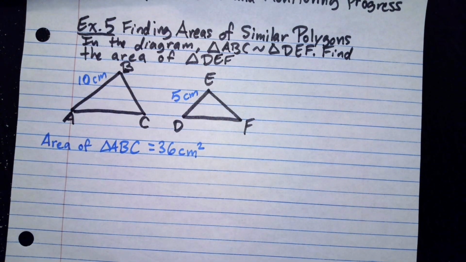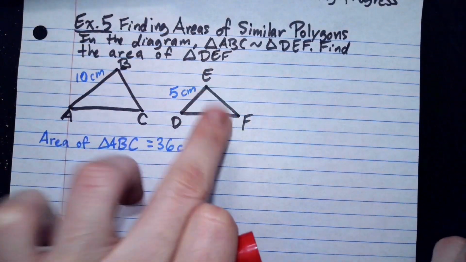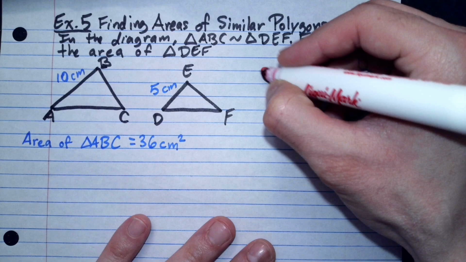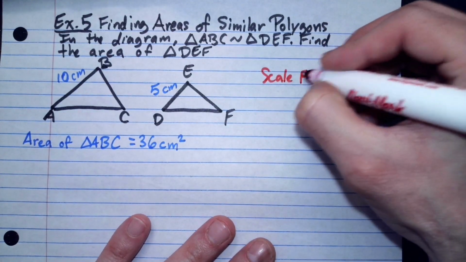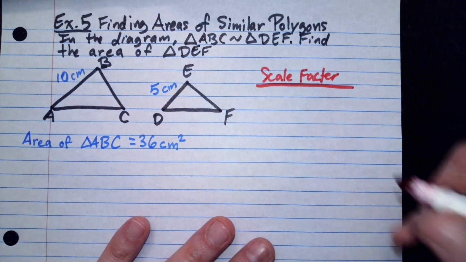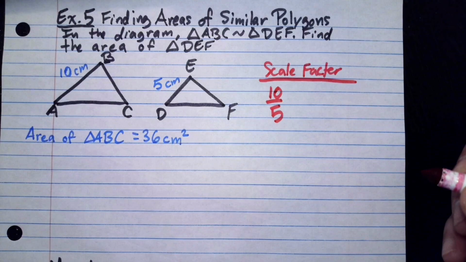For this one, just like before, we want to figure out what our scale factor is first. It doesn't matter if it's from big to small or from small to big in this case, so long as we're consistent. I'm going to make it so that my scale factor goes from little to big. In other words, 10 over 5.